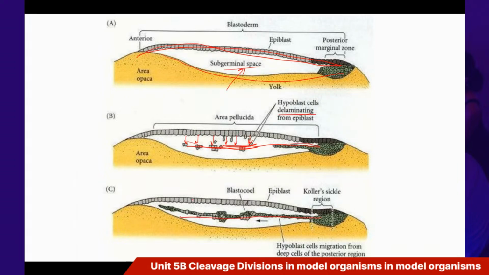So they will form another layer over here. So the blastocyst, you can see, is present between epiblast and this hypoblast. And this is still the subgerminal space. Subgerminal space is here only.